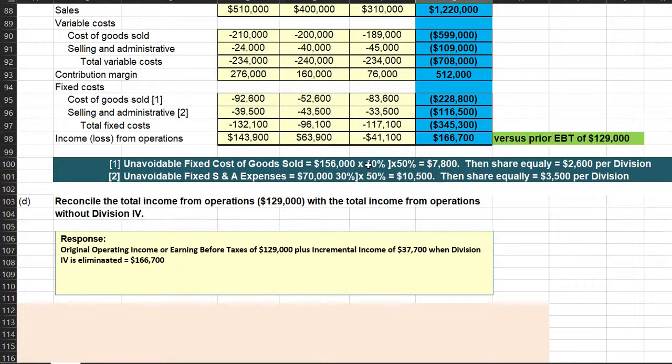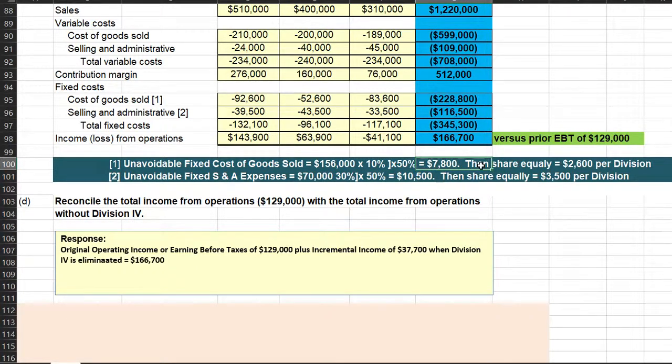Not half of that, but 10% of that represents fixed cost, and then half of it is going to still be there even though we have eliminated the division. So we take 10% of 156, and then 50% of that gives us $7,800.